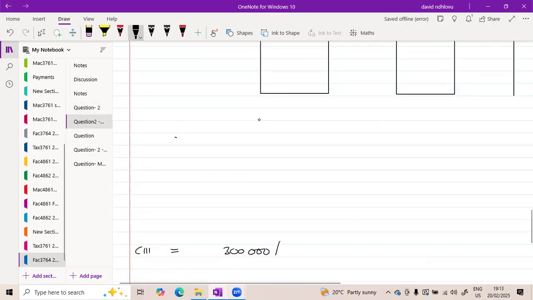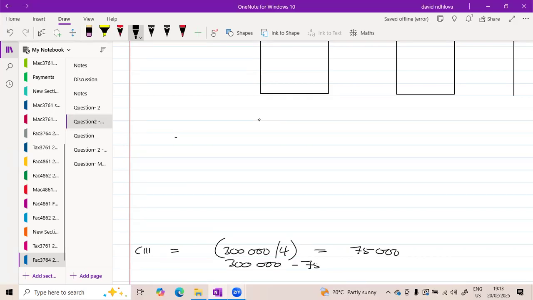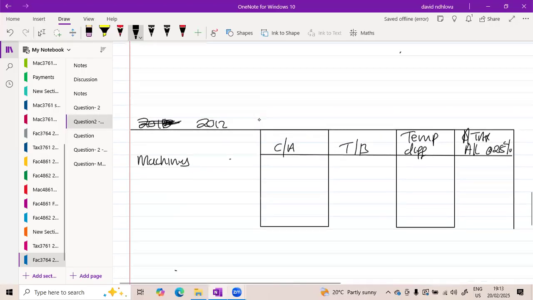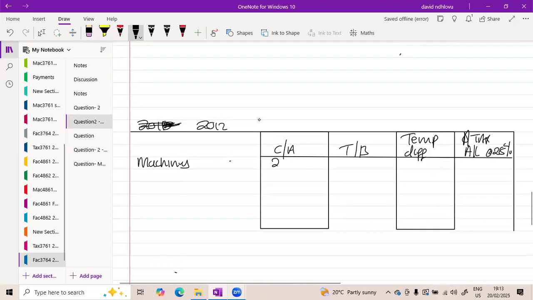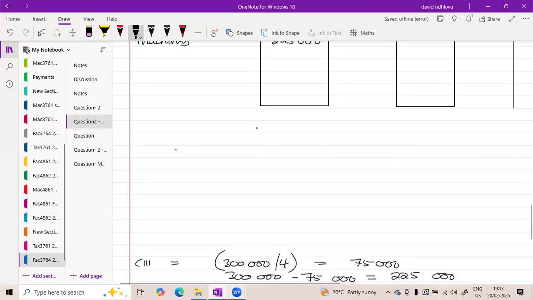So for the depreciation, just divide that by 4. Remember, the asset was bought at the beginning of the year. We have only depreciated it for one period, and therefore the depreciation amount is 75,000. So we say 300,000, which is the original cost, minus the accumulated depreciation, gives me 225,000. This amount is what I'm going to account for here as the carrying amount of the asset.